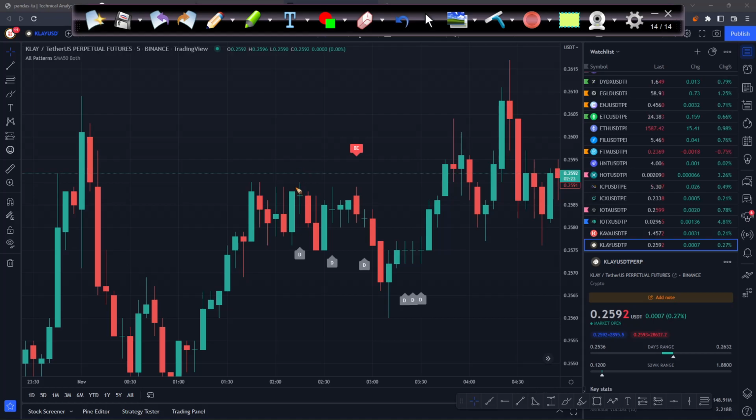As you can see here, the upper wick is for sellers, the lower wick is for buyers. Now what it said is that the close of this would be near to the open of this, right?